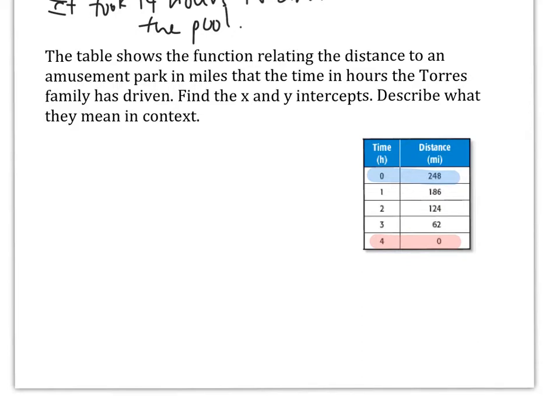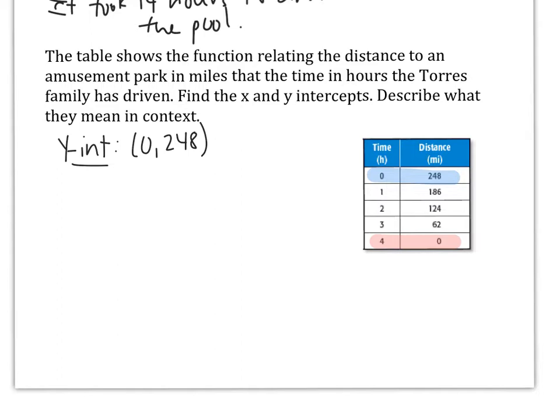I see somewhere there's a 0. Let's start with the y-intercept. The y-intercept usually means at the beginning, what was there to start with, or what needed to be accomplished. Here at time 0, the distance in miles that the family has to drive is 248. So the y-intercept is (0, 248).